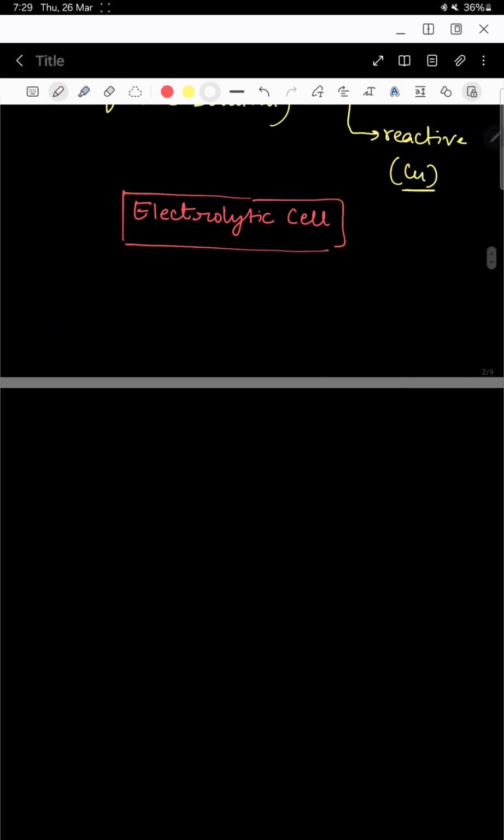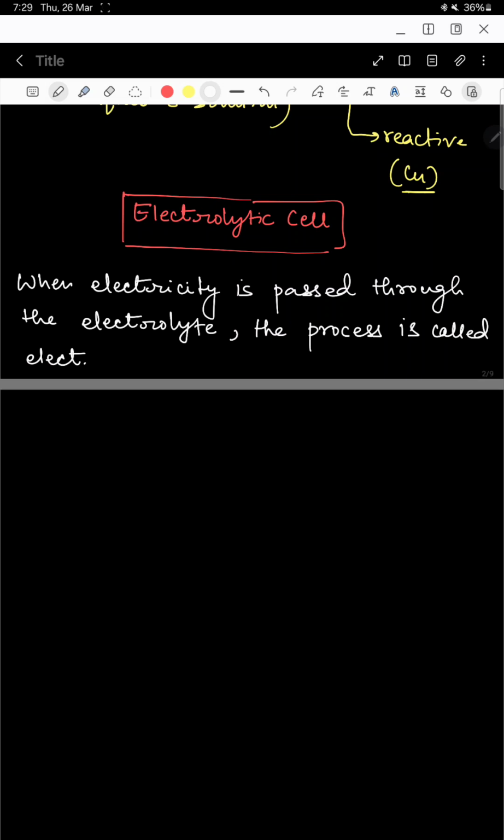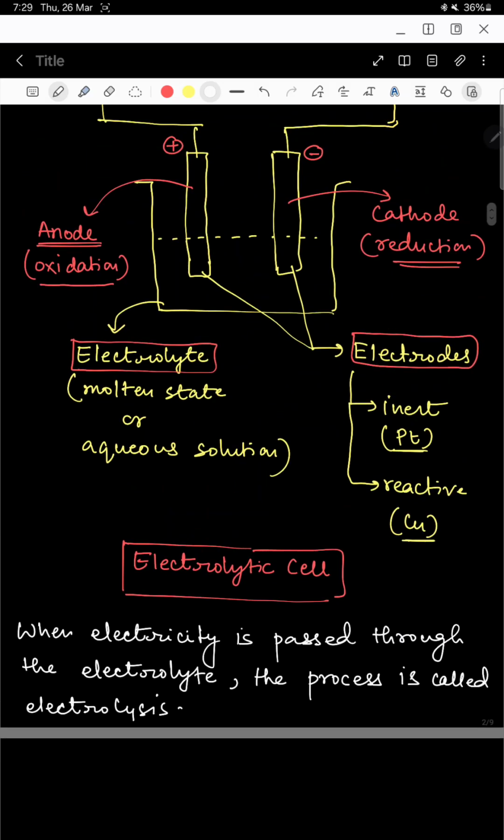So when electricity is passed through the electrolyte, that can be either molten or aqueous, the process is called electrolysis. Fine. So this is about the electrolytic cell.